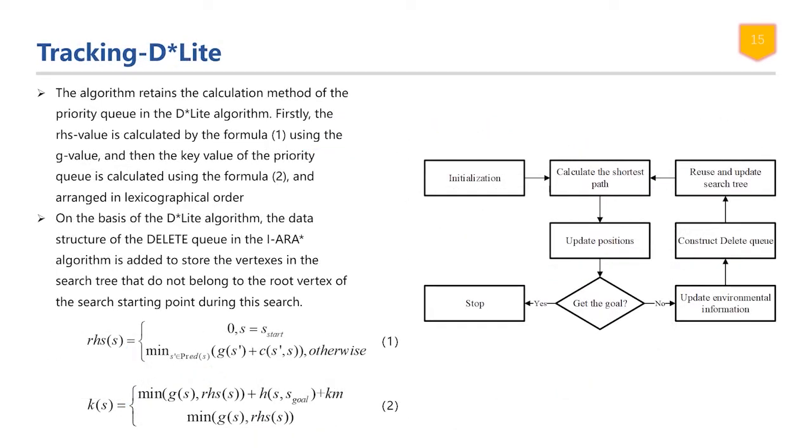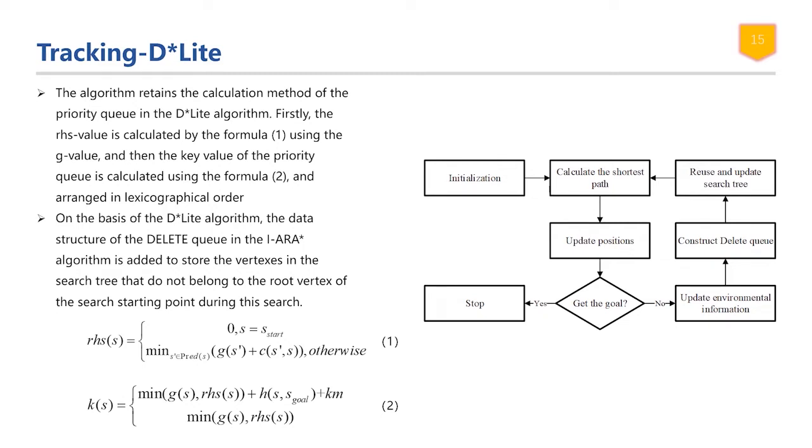Following is the main idea of tracking D-star Lite. The algorithm retains the calculation method of the priority queue in the D-star Lite algorithm. Firstly, the RHS value is calculated by formula 1 using the G value, and then the key value of the priority queue is calculated using formula 2 and arranged in lexicographical order.